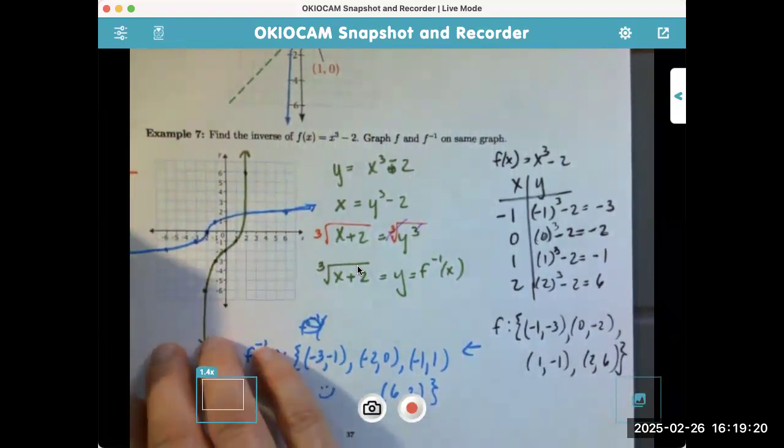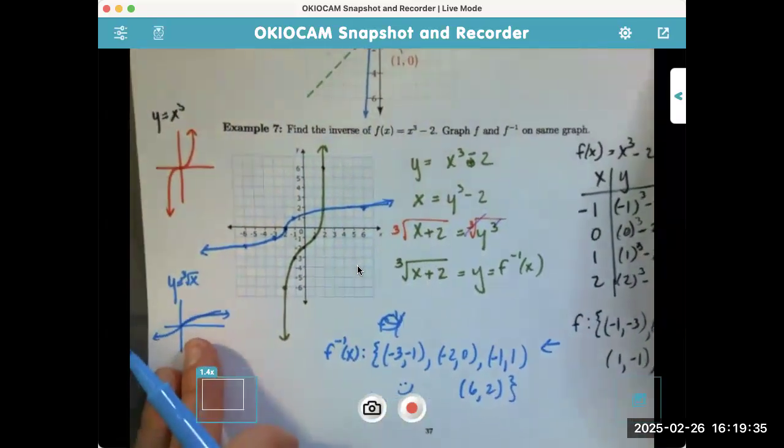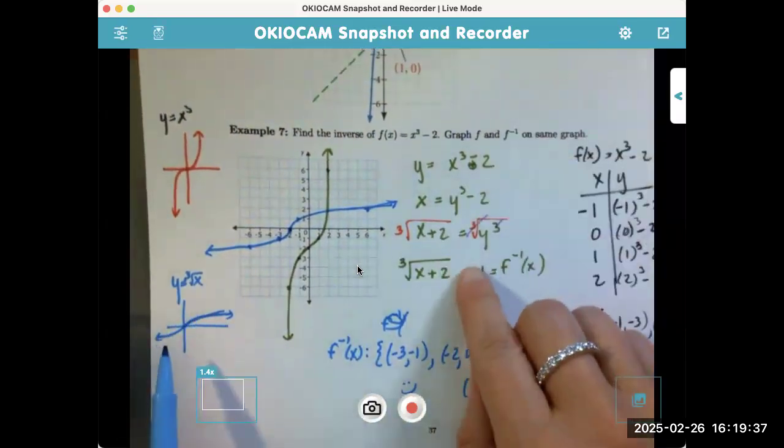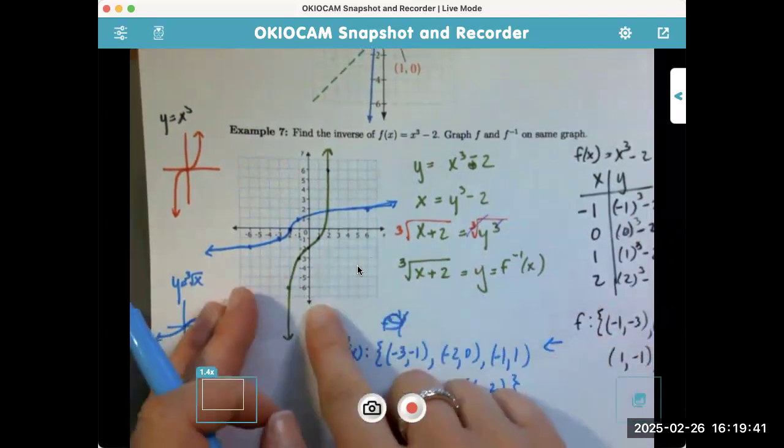Remember that y equals cube root x looks like this. So this is the parent function shifted to the left.